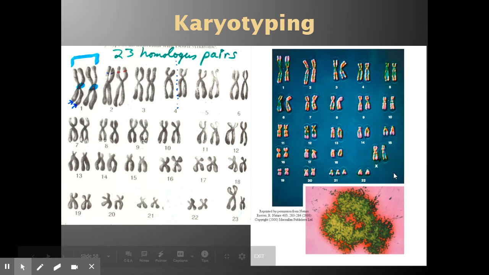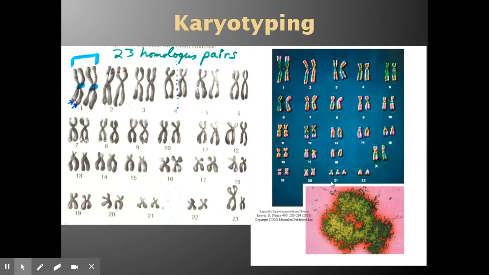Karyotyping can help with determining certain genetic diseases, because you can tell from this guy or girl, this person here has 2 of each. Everything looks normal. Whereas over here, this person has 2 1s, 2 2s, 2 3s, 4s, 5s, 6s, 7s, 10s, all of these.